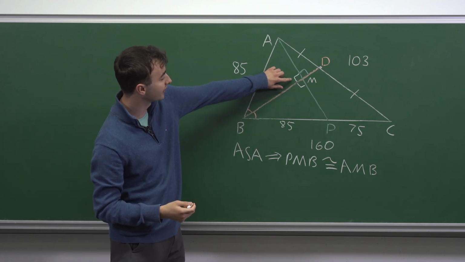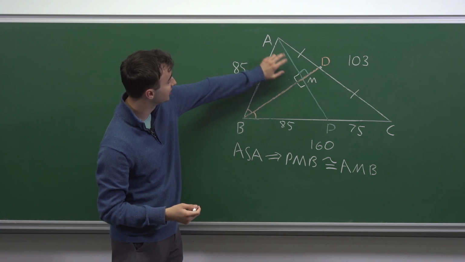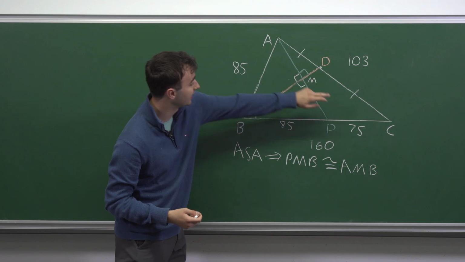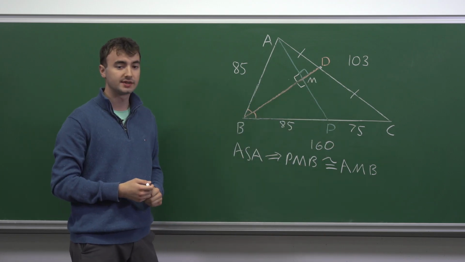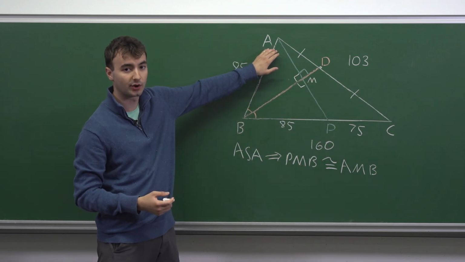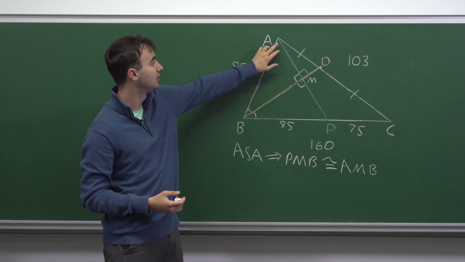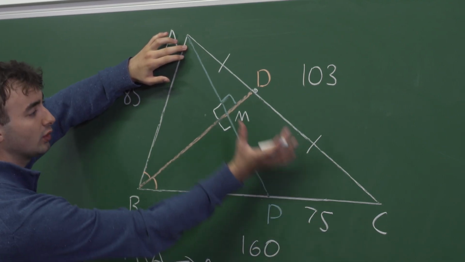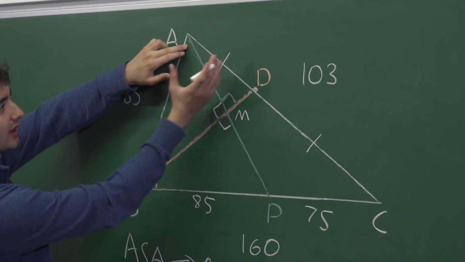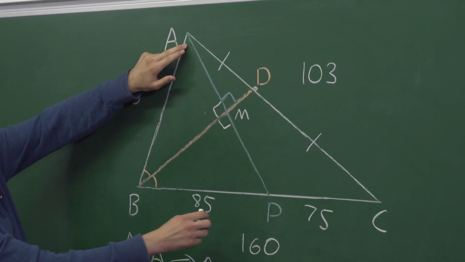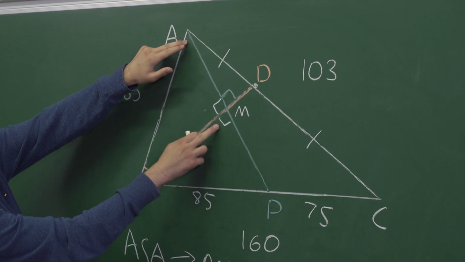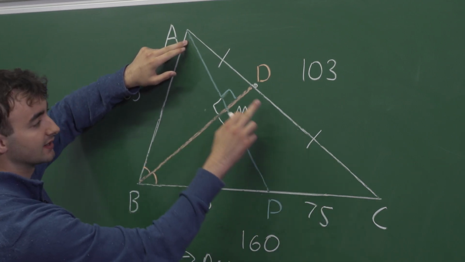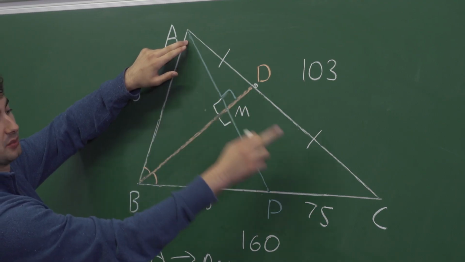Then, because we've already established that M is the midpoint of AP, if D was the midpoint of AC, what we could do is scale the entire diagram by a factor of 1/2, centered at the point A. So we can bring back all of these points, scaling them by a factor of 1/2, and P would be taken to M, because M is the midpoint of AP, and C would be taken to D, because D would be the midpoint of AC.